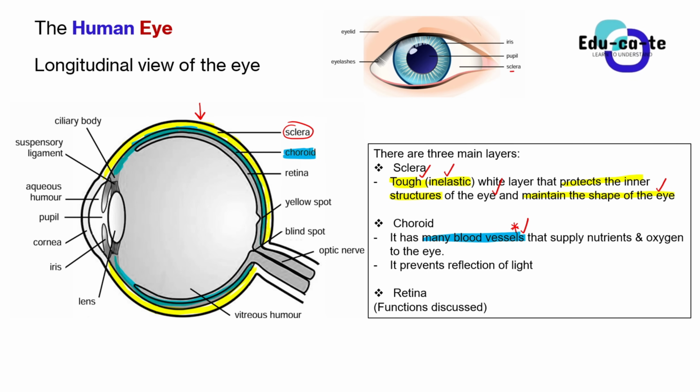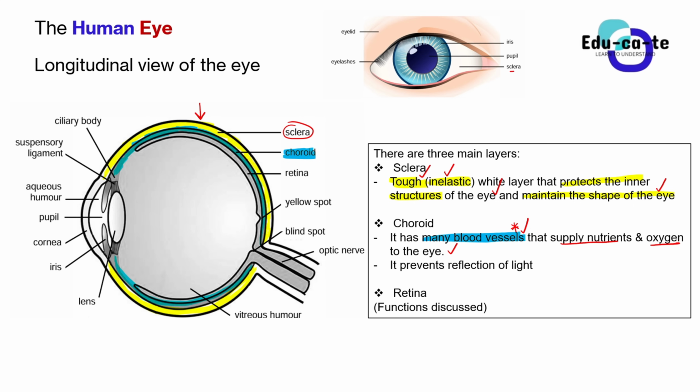Remember that blood carries oxygen through hemoglobin, right? So the many blood vessels inside the choroid supply nutrients and oxygen to the human eye, because the nutrients are carried by blood through the circulatory system.